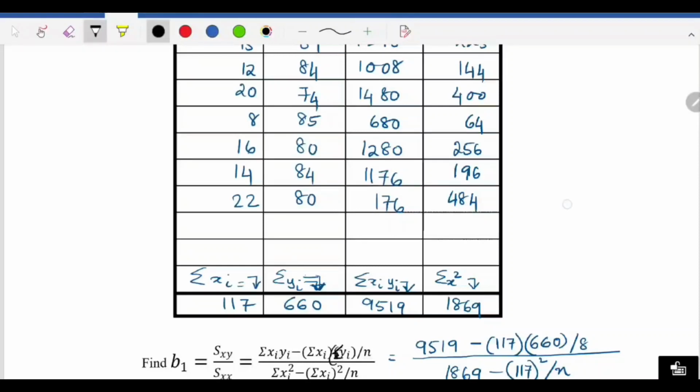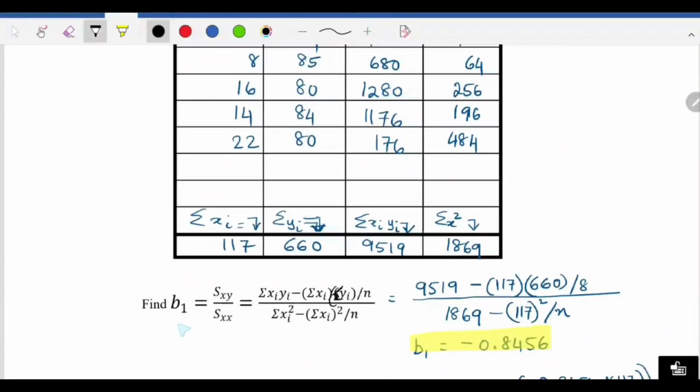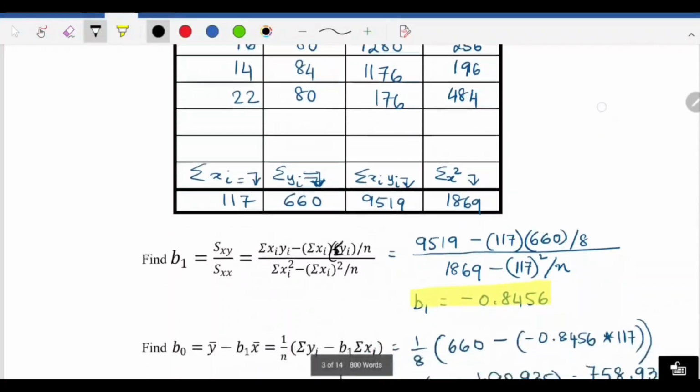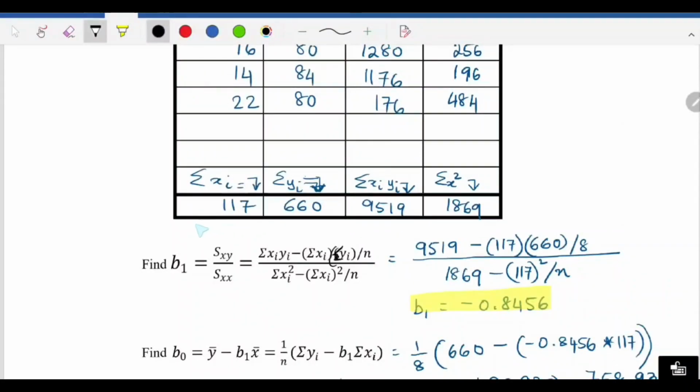You'll end up getting a wrong value for the slope, a wrong value for the intercept, because this whole equation works with these values in the last row, the total of all these columns. So now we just need to look at this last column. We don't need the individual values in the table. We just look at the total column, the total.